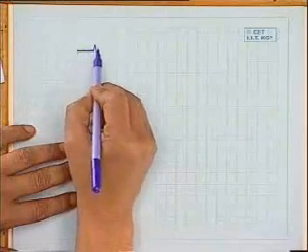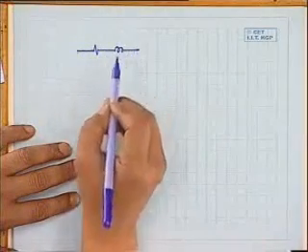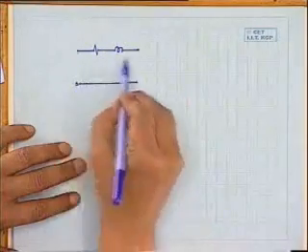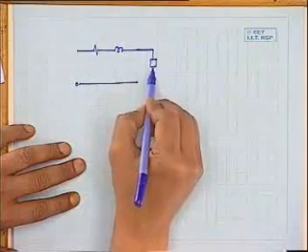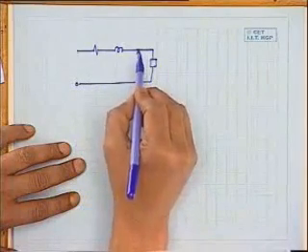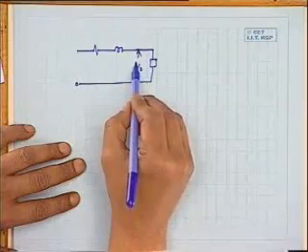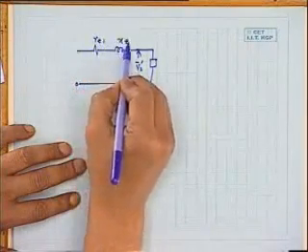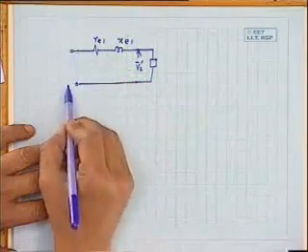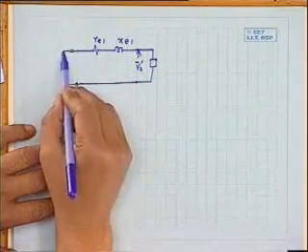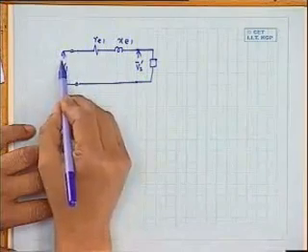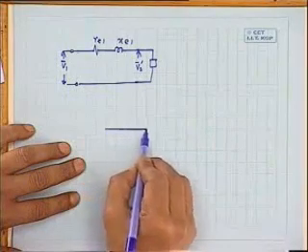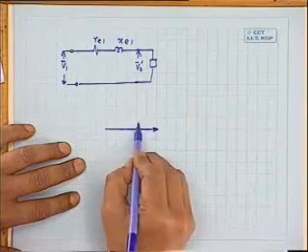Now, to this equivalent circuit, this is the equivalent circuit, and here is the load. Suppose, with load connected, this voltage is V2 dashed, and this is RE1, XE1, and this is the voltage applied, V1.